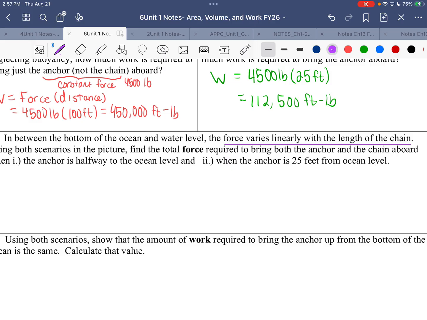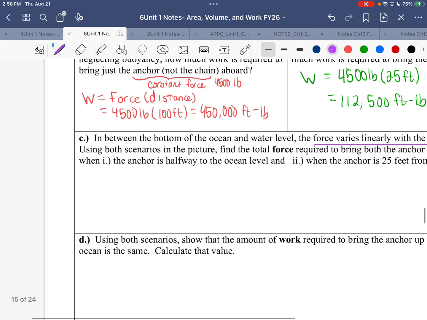So how much the chain weighs depends on how deep into the water it is. Using both scenarios, origin at the bottom and origin at the top, we're going to figure out the force if we have the chain and the anchor halfway from ocean level, and then the chain and the anchor 25 feet from ocean level.